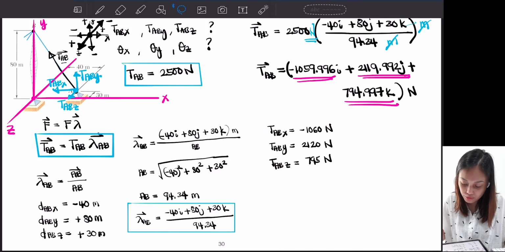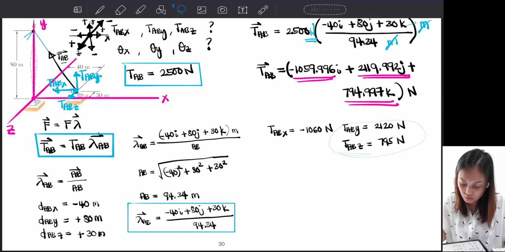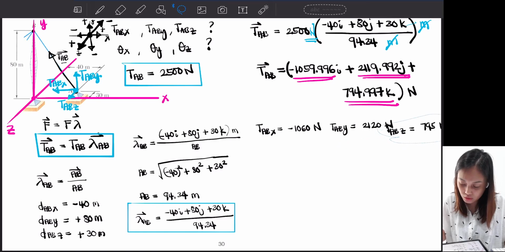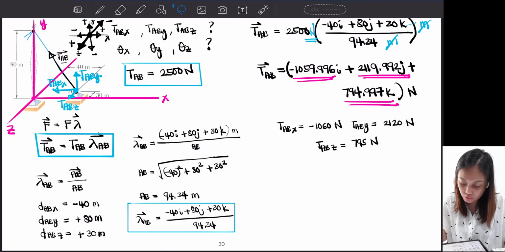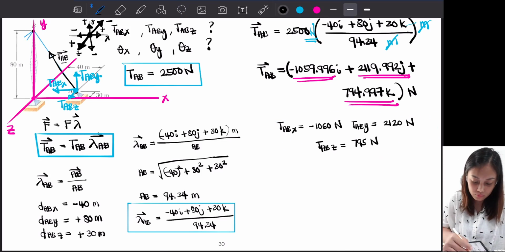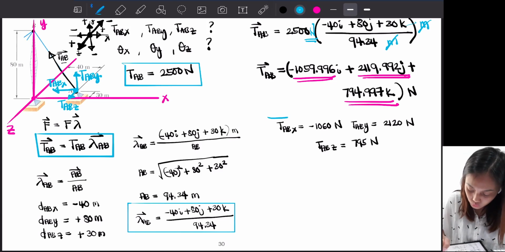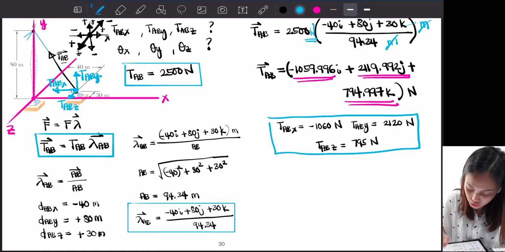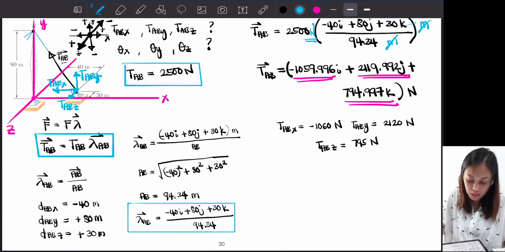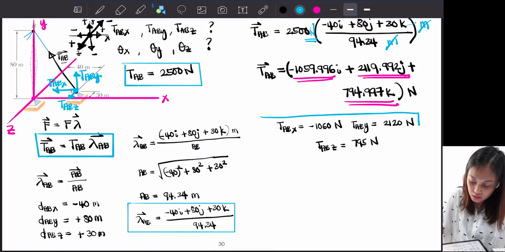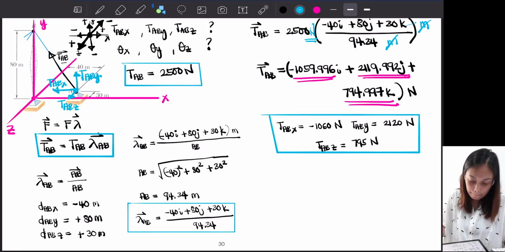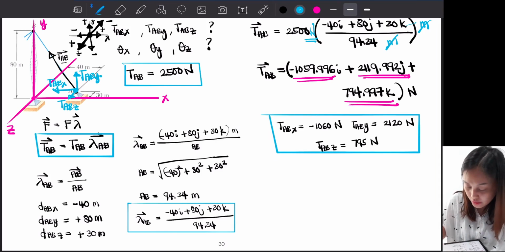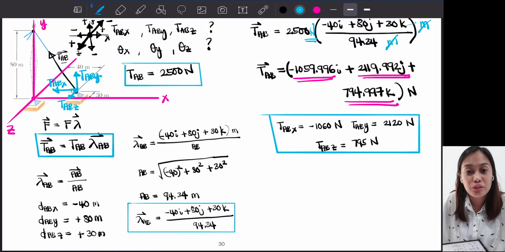The last thing asked in the problem is the direction of the force: theta x, theta y, and theta z. In determining the direction of the force, we need to use the direction cosines.